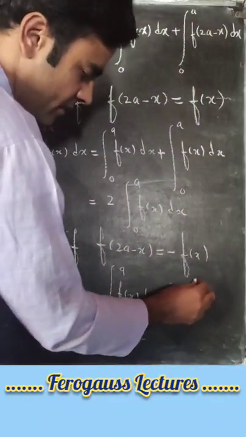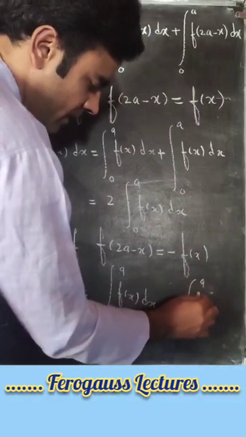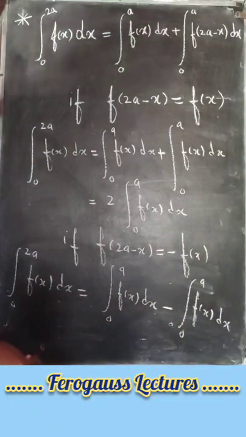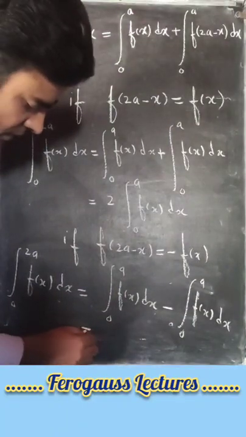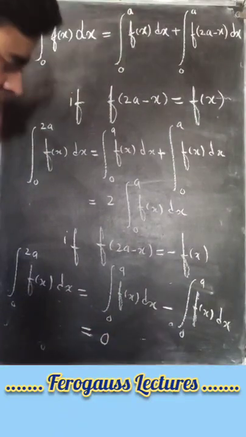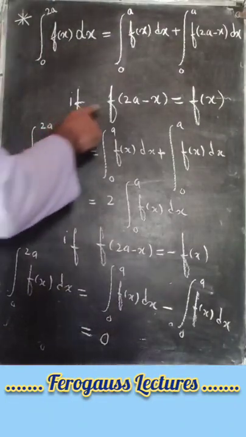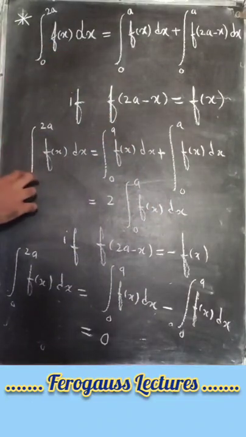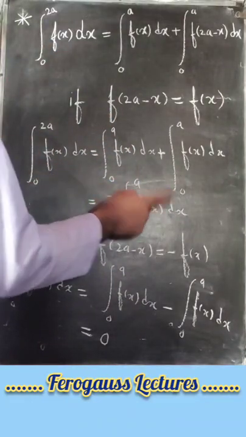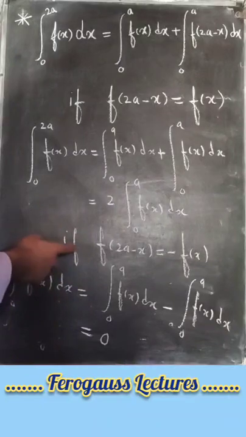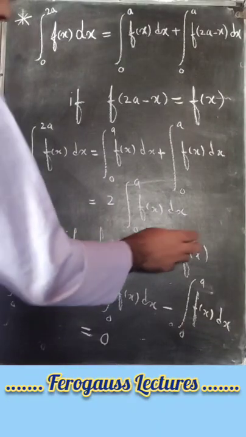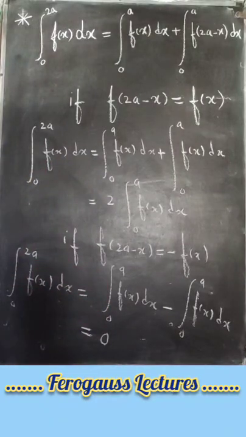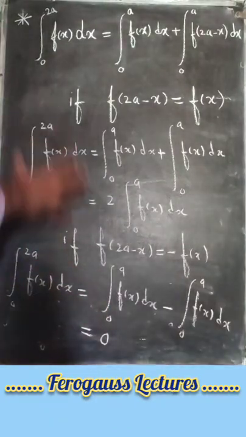So we get minus times integral 0 to a of f(x) dx. These two integrals cancel, so the result is 0. Okay, so in case f of 2a minus x is equal to f of x, then this integral is 2 times 0 to a of f of x dx, and in case f of 2a minus x is minus times f of x, then this integral is equal to 0. This proves the result.